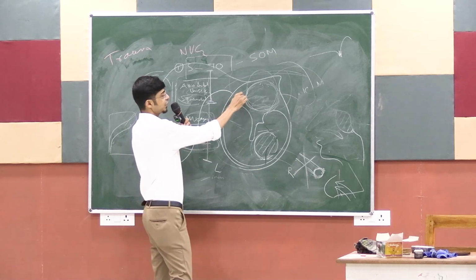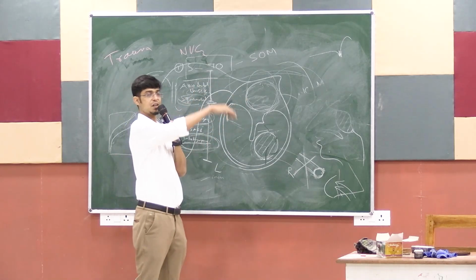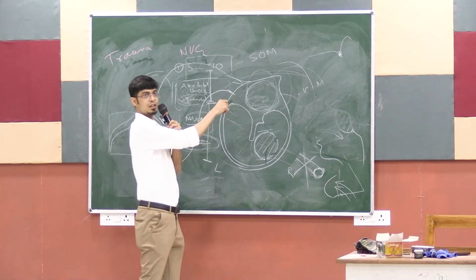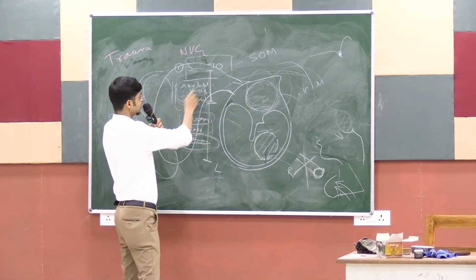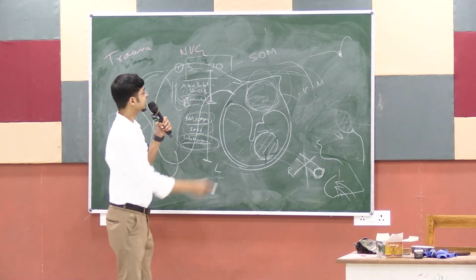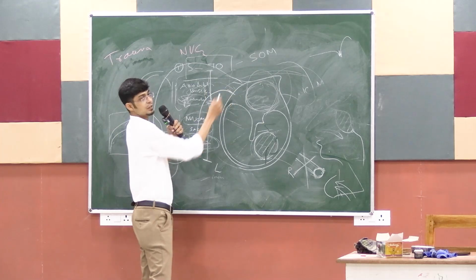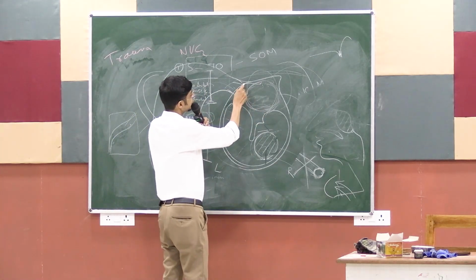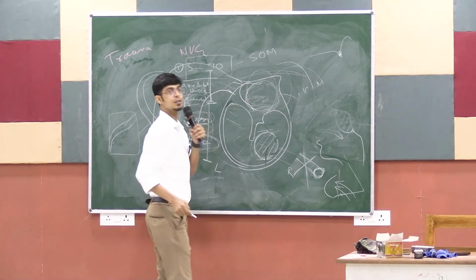Behind the eardrum we have the aditus. The aditus is the connection between the middle ear cavity and the mastoid cavity, and we have the mastoid antrum. So if there is a negative pressure in here, there is formation of a retraction pocket in the pars flaccida.